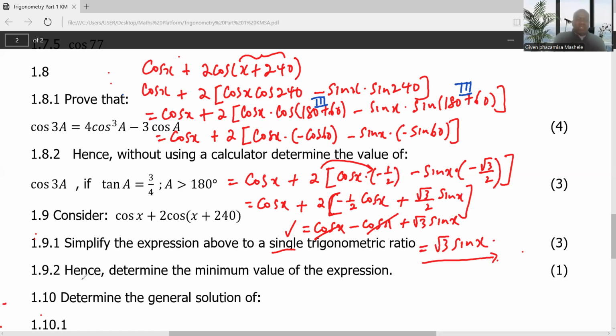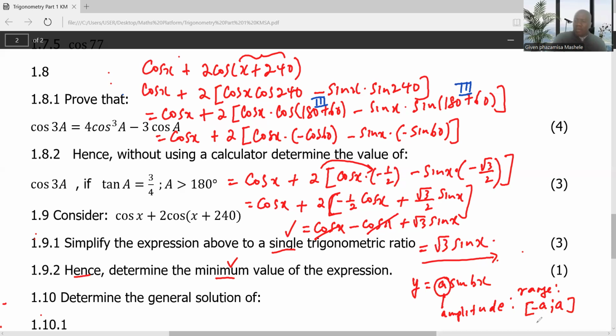Then the last one says, hence determine the minimum value of the expression. By the way, this has to do with the issue of graphs. When you have y equals a sin bx, this a here is called the amplitude. That amplitude determines the range of the graph, from a minimum value of minus a to a maximum value of positive a.